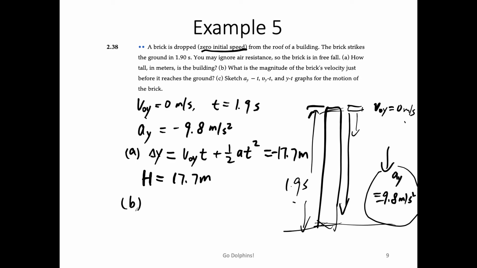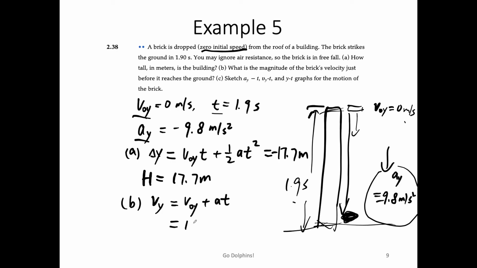What's the magnitude of the brick's velocity just before it reaches the ground? Here it's basically the final velocity. So you have initial velocity and t, and you want to find the final velocity, so you're going to use the first kinematic equation: final velocity equals initial velocity plus at.